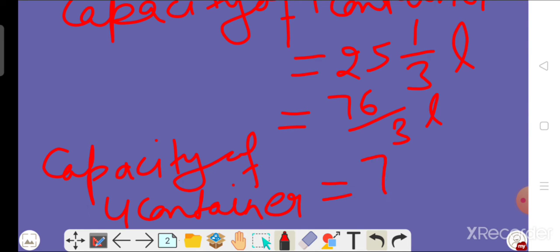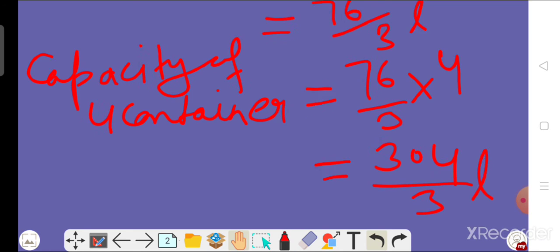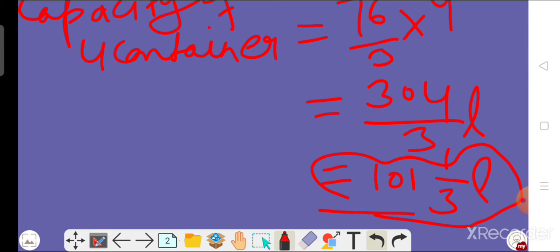So this is equal to 76 by 3 multiplied by 4, and this is equal to 4 6s are 24, 4 7s are 28, and 2, so 304 by 3 liter. If we change this number into a mixed fraction, this will become 101 1 by 3 liter. 101 raised 1 by 3 liter is the answer of your question number 6.